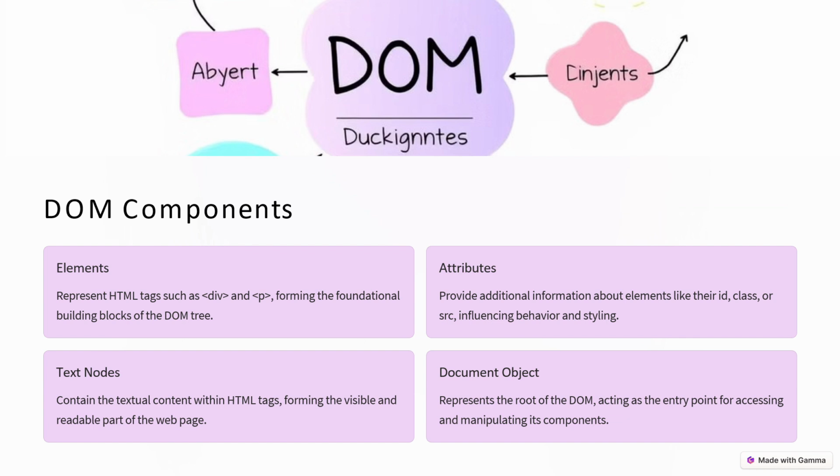They provide additional information about elements like their ID, class, or SRC, influencing behavior and styling. Third, text nodes. They contain the textual content within HTML tags, forming the visible and readable part of the web page. Fourth, the document object represents the root of the DOM, acting as the entry point for accessing and manipulating its components.